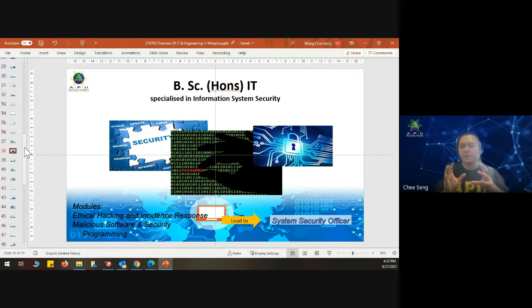What it means is that every year the market needs about 12% of graduates from an IT background, but Malaysia is only able to produce 3%. We are still lagging behind when it comes to talent from computer science or IT.